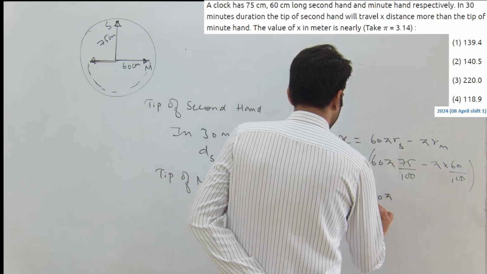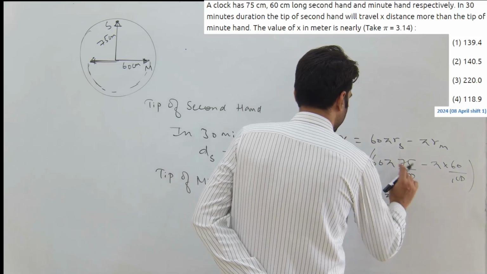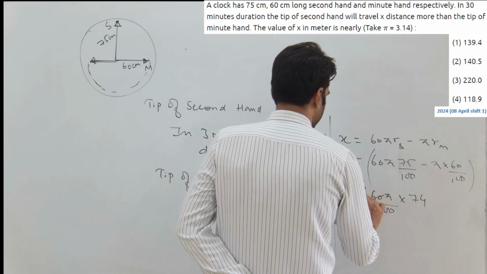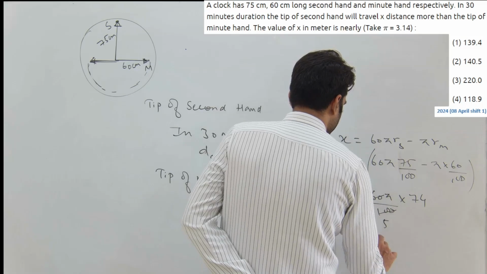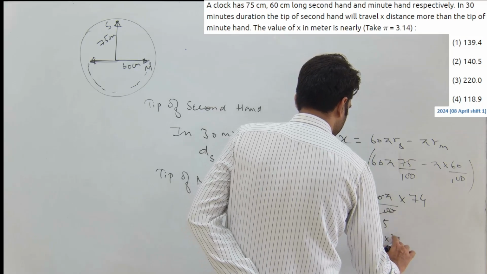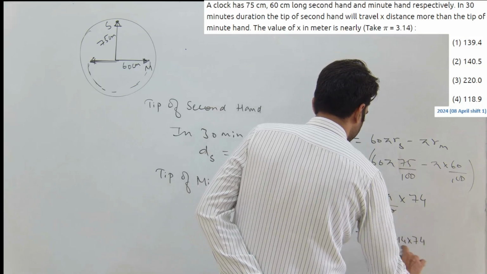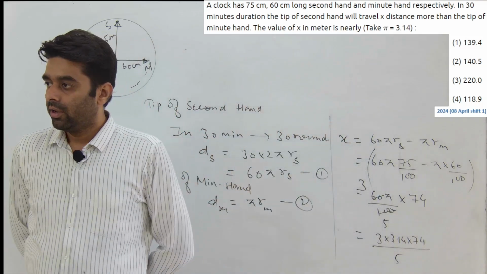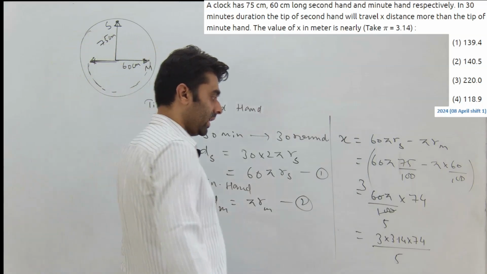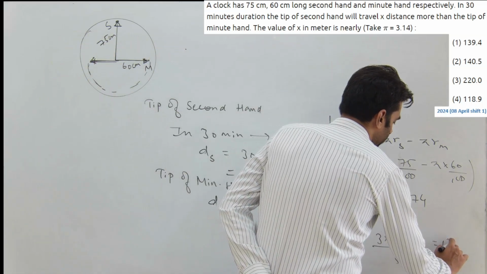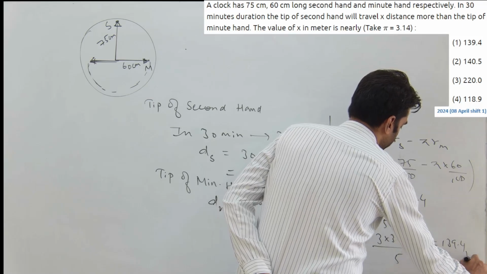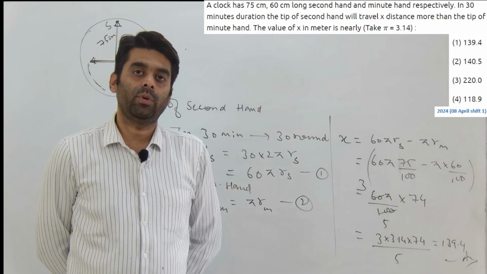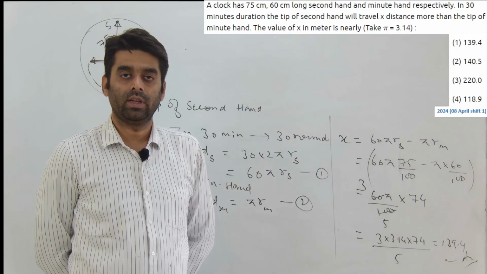This will be 75 minus 1, which is 74. So we have 3 into 3.14 into 74 divided by 5, right? When you calculate it, this answer will come out to be 139.4. This is our answer for x. Let's move ahead.